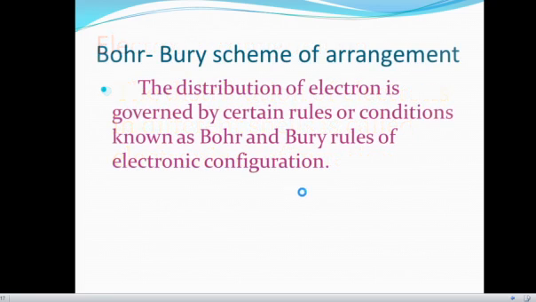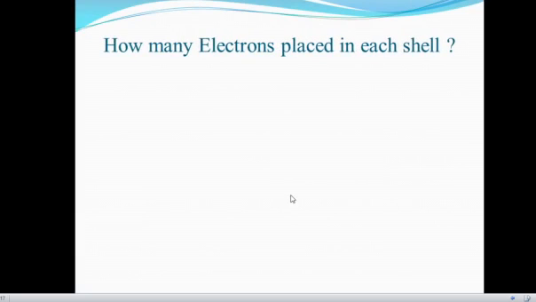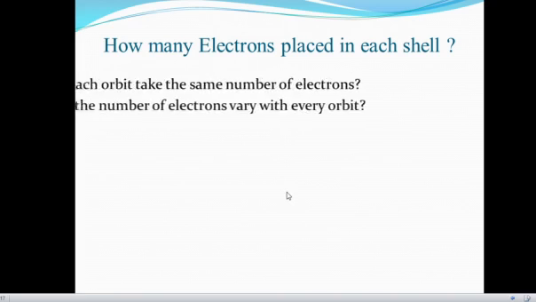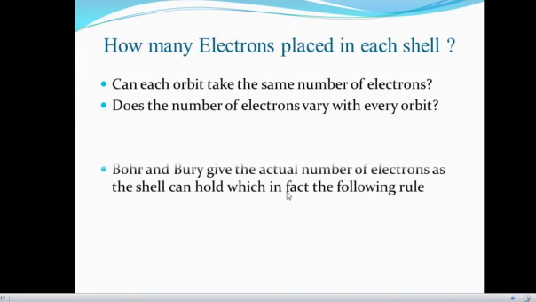There are some rules given by the two scientists Bohr and Bury about the distribution of electrons in the orbits. This is called the Bohr-Bury scheme of arrangement. We know that there are orbits around the nucleus and we name them K, L, M and N. In numbers they are named 1, 2, 3, 4 and so on.